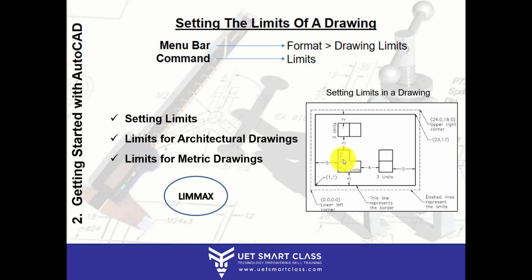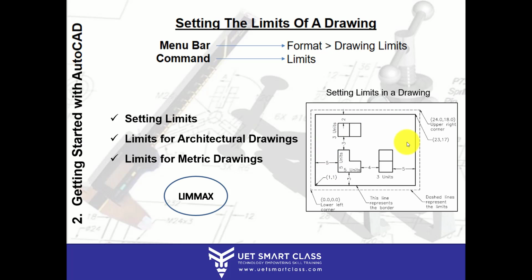So if my plan is 5 units by 5 units, I keep a distance of 3 units, and then I have an elevation here, and for the other elevation I'll keep 4 units. I have a border here, and this is my sheet size. From this sheet size, I keep a distance of 5 from both sides. From below I have kept a different distance of 3 units, and from above a distance of 2 units. Accordingly, I'll add 5 plus 5 plus 4, like this.